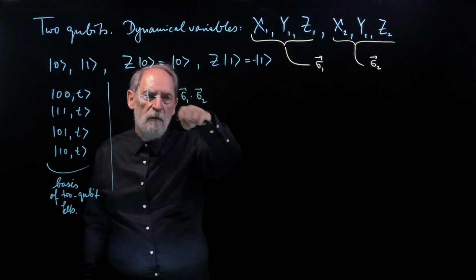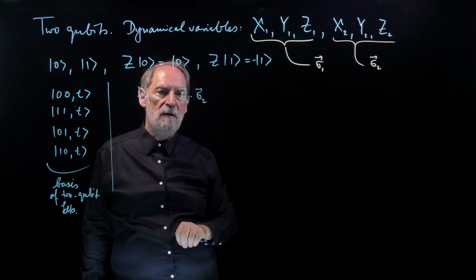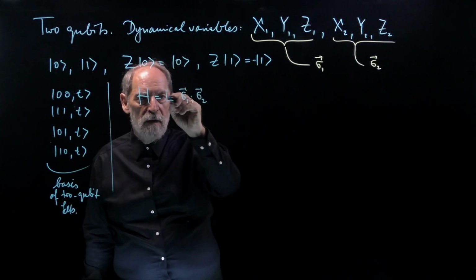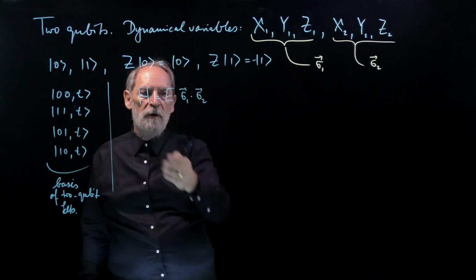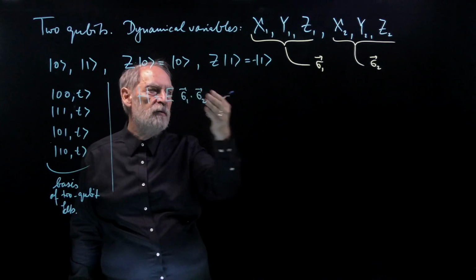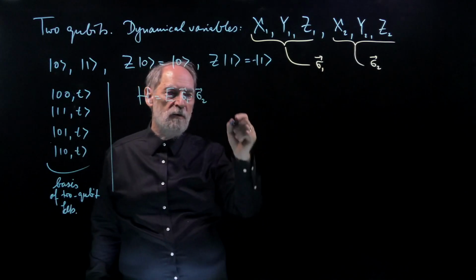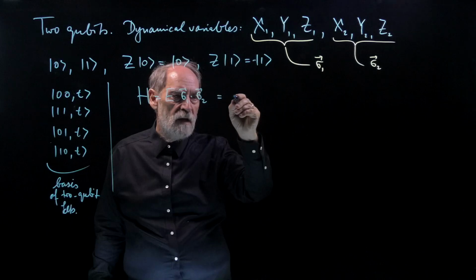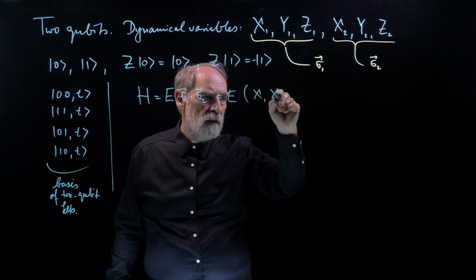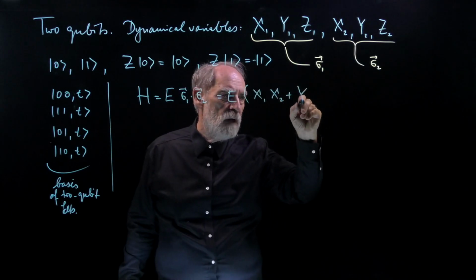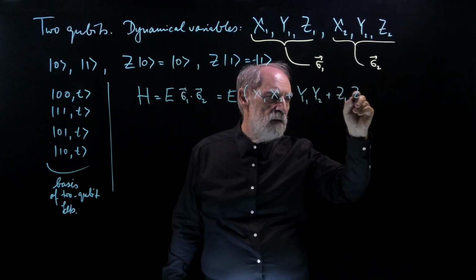But those are quantities that don't have the right dimensions. Hamilton operator is an energy. So let's multiply this by a reference energy E. So we will consider a Hamilton operator, which is essentially the dot product of the two sigma vectors multiplied by an energy unit. Right, so let me write this out. So this is this energy unit, and then it is x1, x2 plus y1, y2 plus z1, z2.